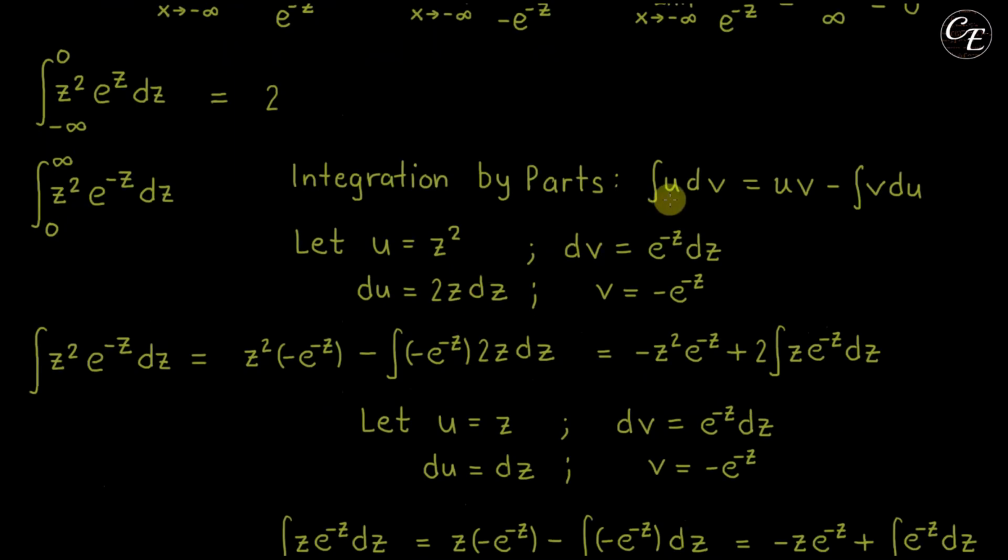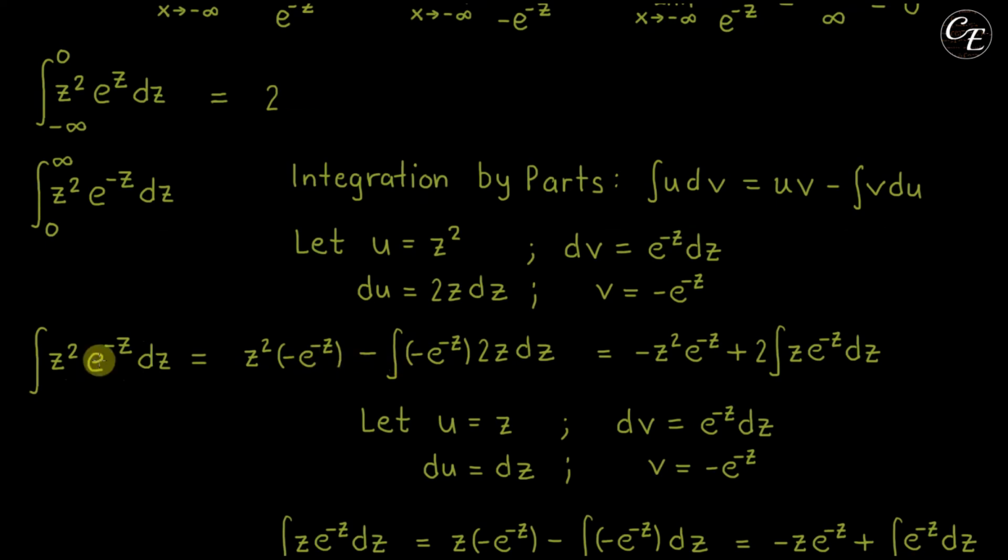Then the integral of u dv, which is this one in here, is equal to uv, which is u, which is z squared, times v, which is negative of e raised to negative z in here. Then minus integral of v du. In here, v is negative e raised to negative z times du, which is 2z dz.